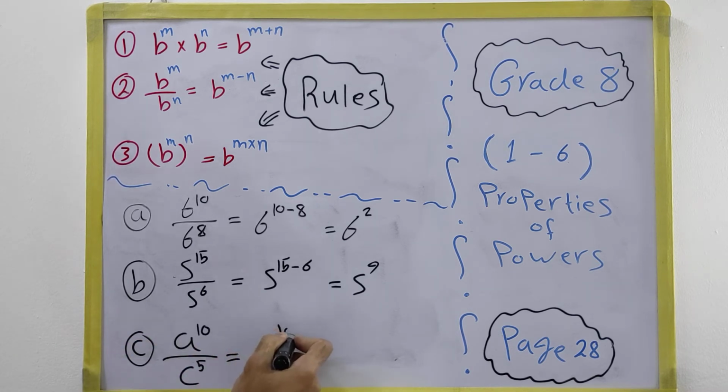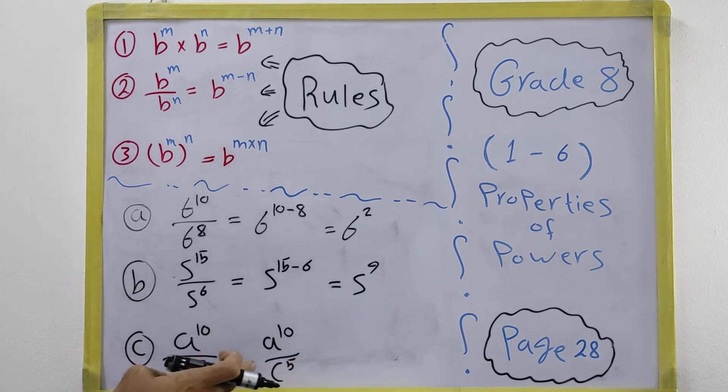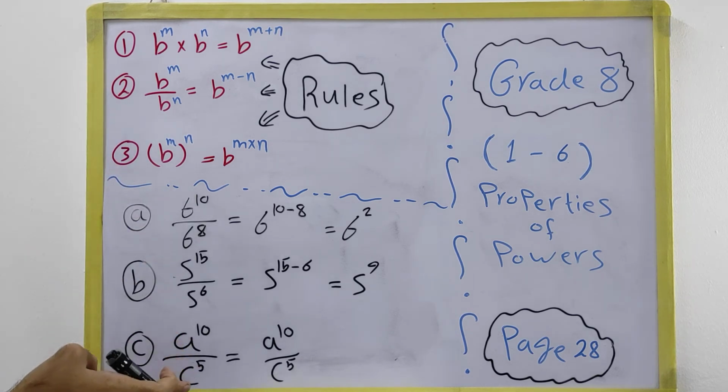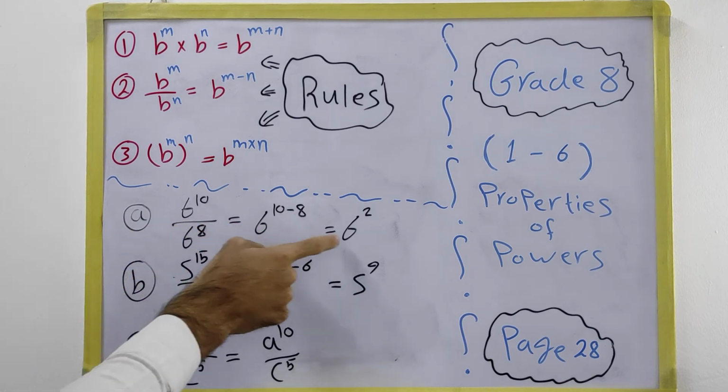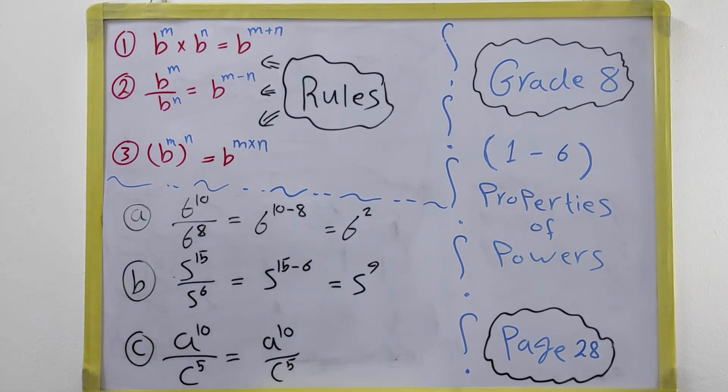We would say a to the power of 10 over c to the power of 5. It stays the same, nothing changed. We cannot use the rule because the bases are different. But for the others, when the bases are the same, you can use it and find the result. In this case, nothing will change. There is no rule applied to them. That's the last answer for that.